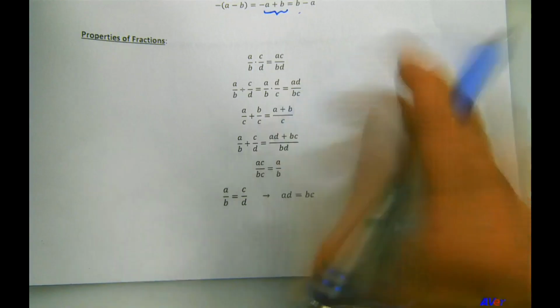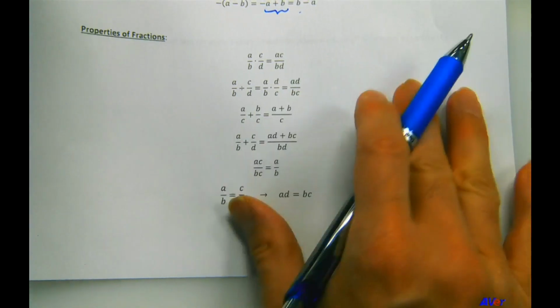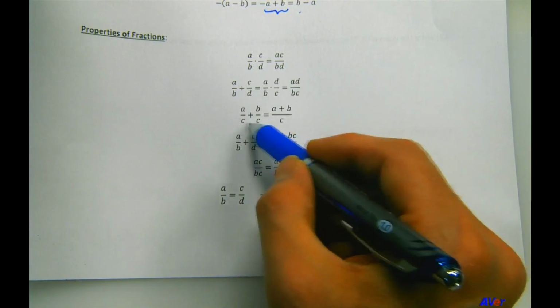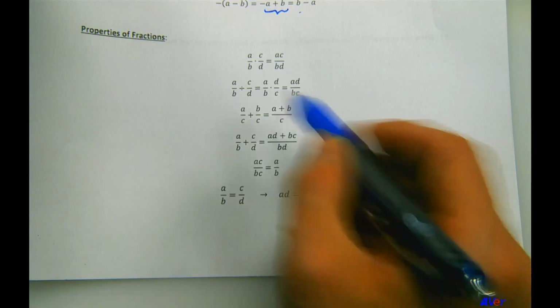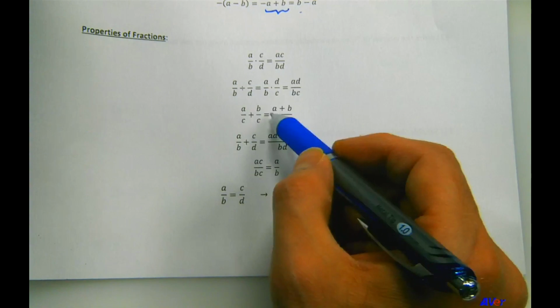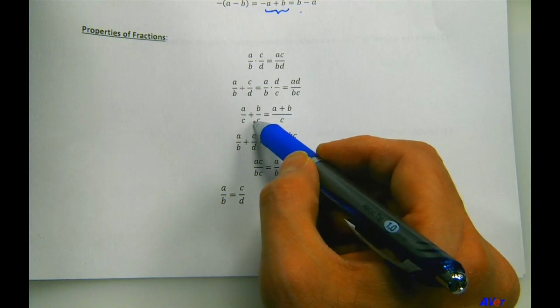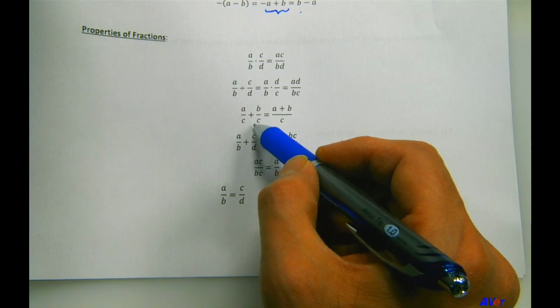Here, we're taking the common denominator in this example. So c is already a common denominator between these two fractions. That means we can either add, in this case, or subtract the numerators. We will never subtract or add the denominators.